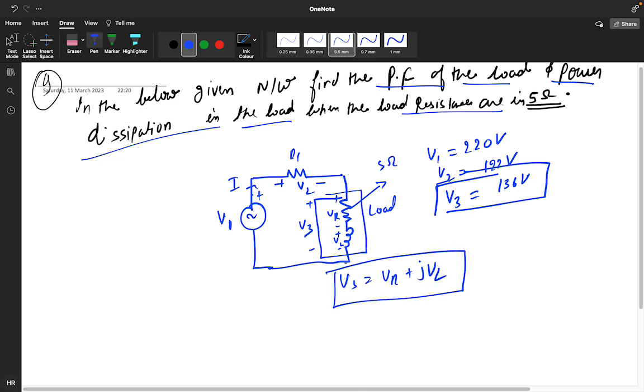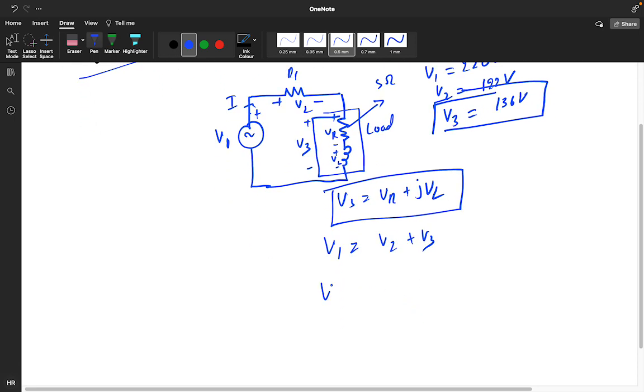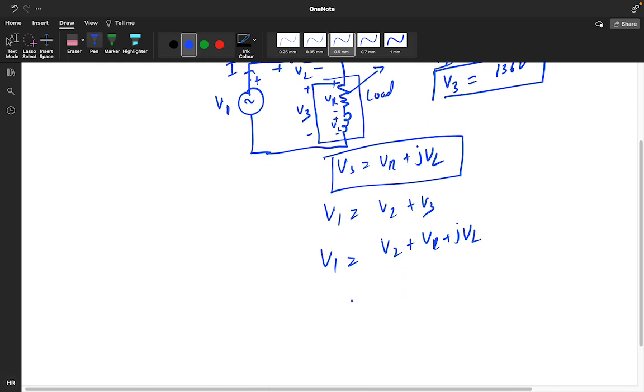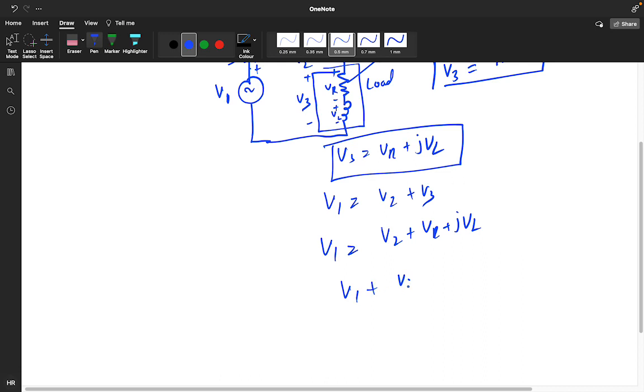And what about overall V1? V1 will be V2 plus V3, and if you write this, this is the inductor, this is the resistance itself, so V2 plus V3, which is VR plus JVL. V1 is equal to V2 plus VR plus JVL, right?